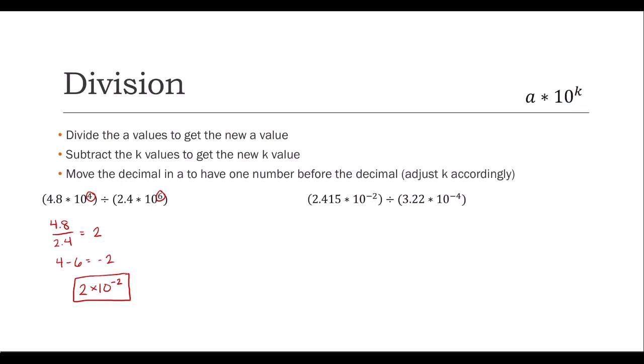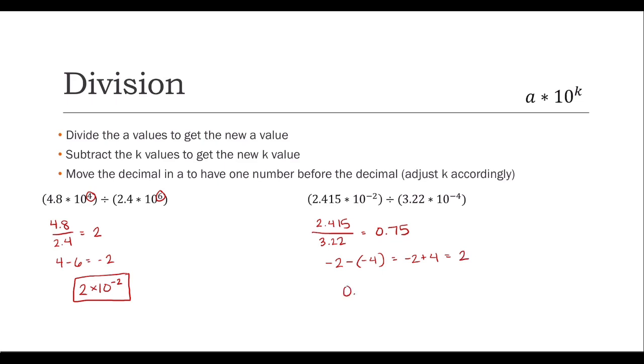For our second problem, we have 2.415 divided by 3.22, which gives us 0.75 for our new a value. Our k value will be negative 2 minus a negative 4, which is just negative 2 plus 4, which gives us a positive 2.